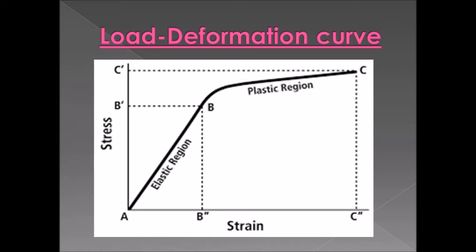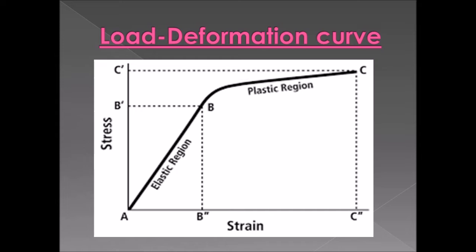So if the load continues through the plastic region and reaches point C, what is point C? Point C is the ultimate failure point of the bone. If deformation keeps occurring and we keep applying load, at point C the load will lead to the failure of the bone.